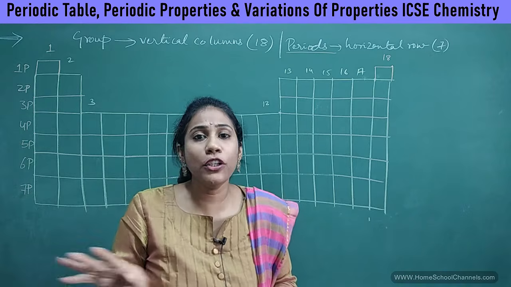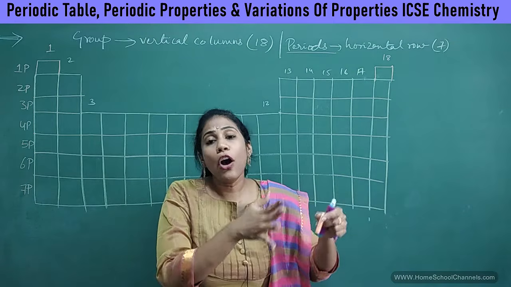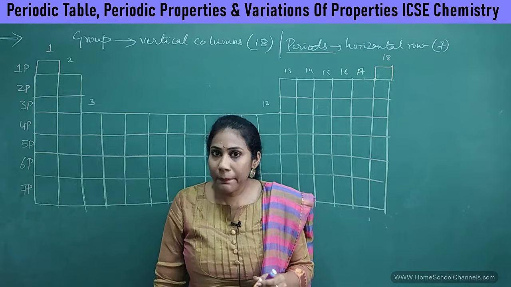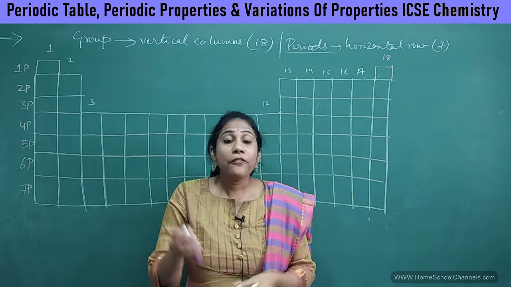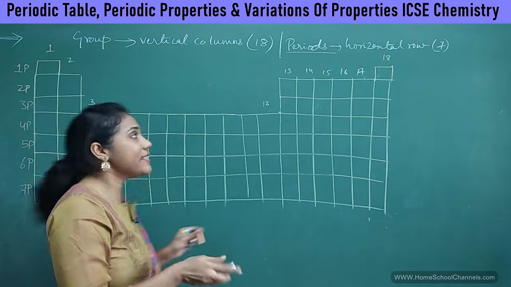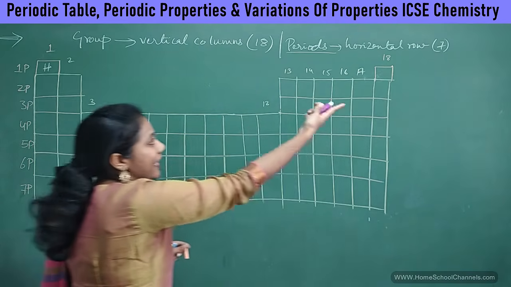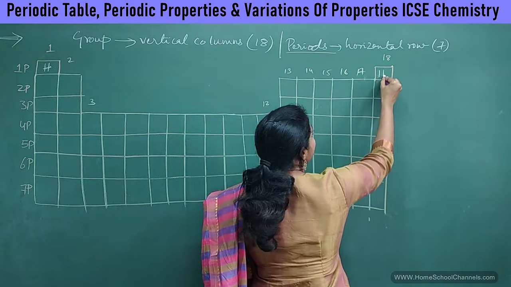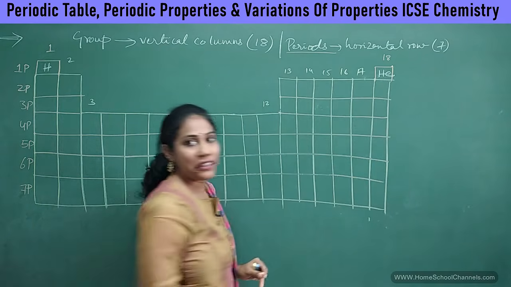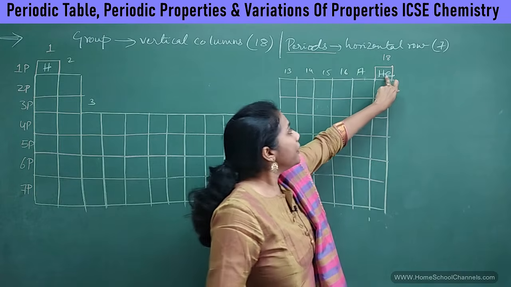As I already told you, elements are arranged in the increasing order of their atomic number. The first element, with atomic number 1, is hydrogen. So hydrogen comes here, and the next element, atomic number 2, helium, comes there.